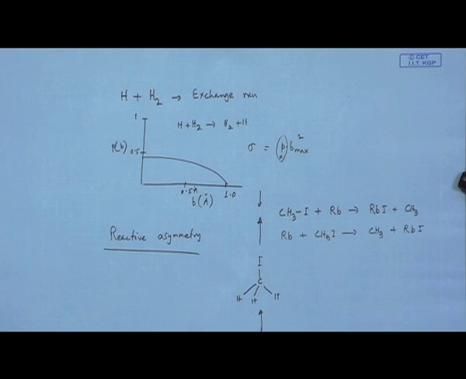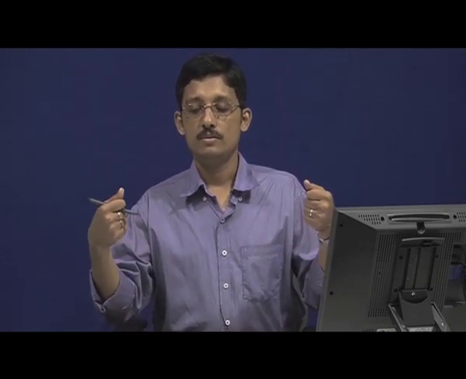So you see that not only collision, but in addition to collision, the geometrical requirement, the configurational requirement, is very important. I mean, in case of hydrogen-deuterium exchange, whether they are approaching in a linear fashion or maybe something else.